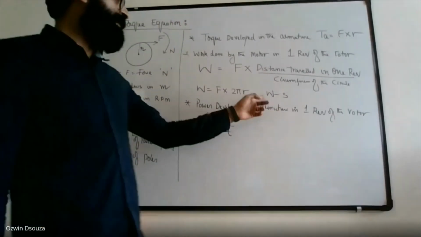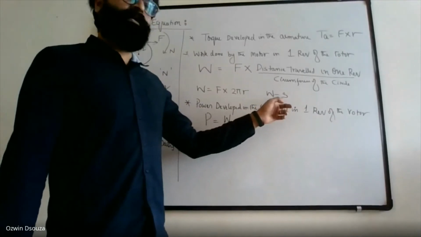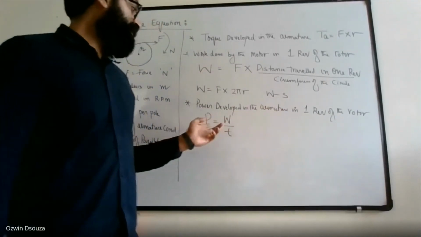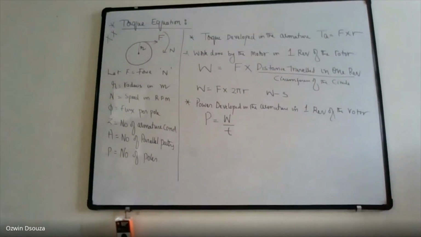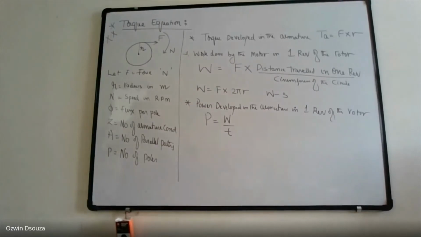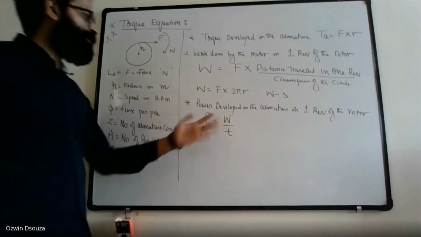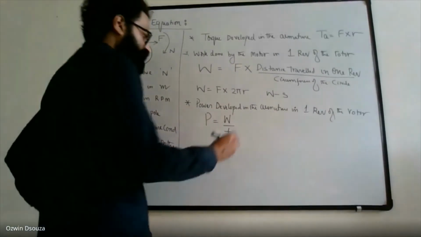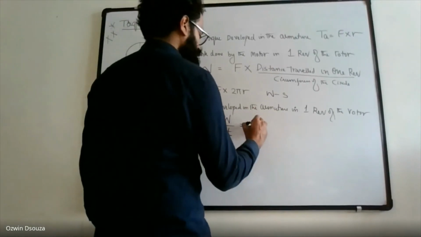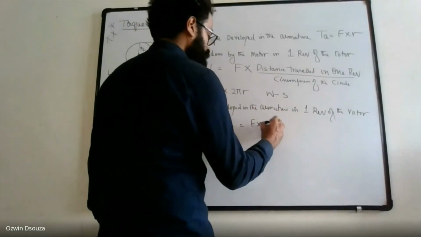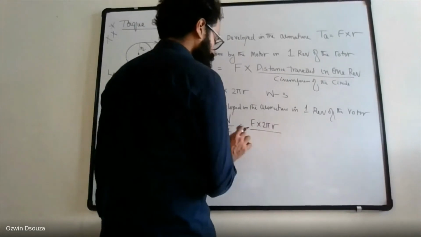So work done in watt second divided by second gives the unit of power as watt. So rate of electrical work done is nothing but power, right? So W divided by T is power. W is nothing but F into 2 pi r, divided by T.